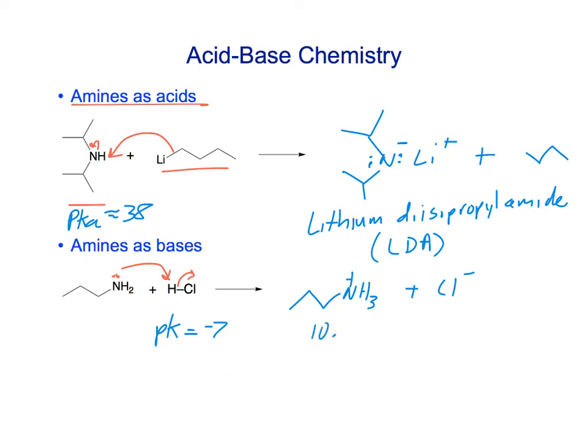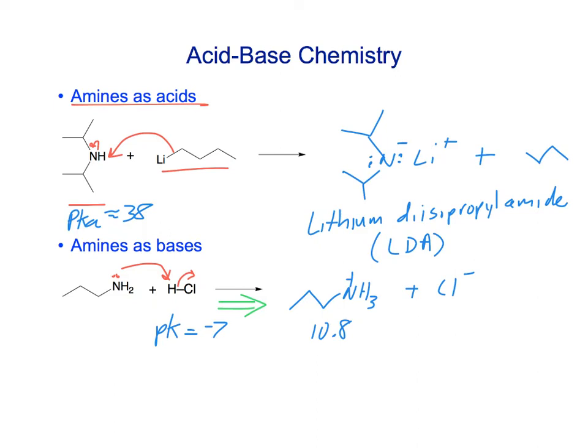So I think this is about 10.8. All right, so which direction would this equilibrium lie? Right, well to the products, right? Because it lies away from the strongest acid. Okay? So this kind of chemistry we've seen a lot.